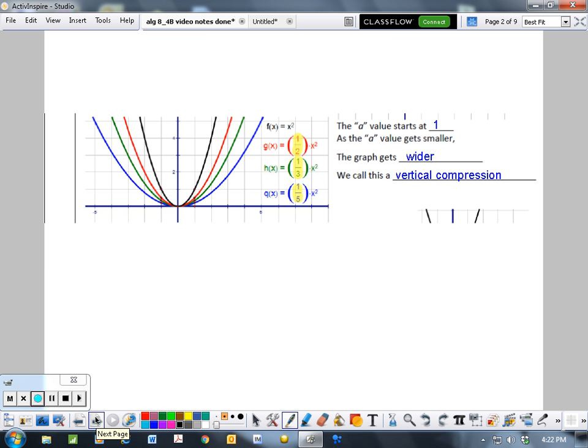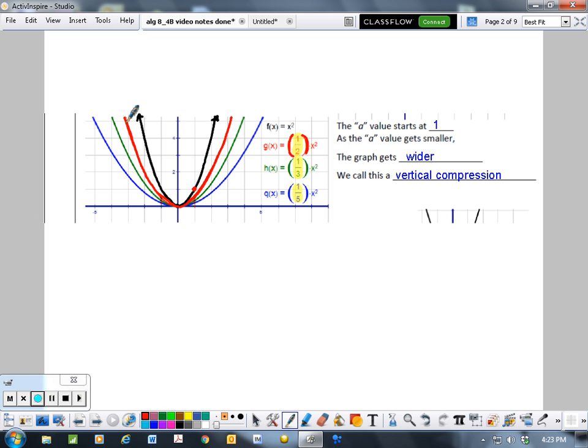So the next thing I want to look at is what happens if we start at 1 and our a gets smaller. Here's our original graph in black. And then we have the graph of 1/2 x squared. So now it's taking this point and dropping it down to 1/2. And look, it makes that graph wider.